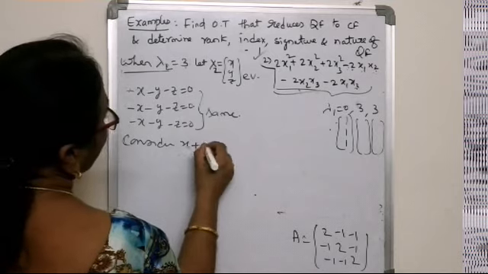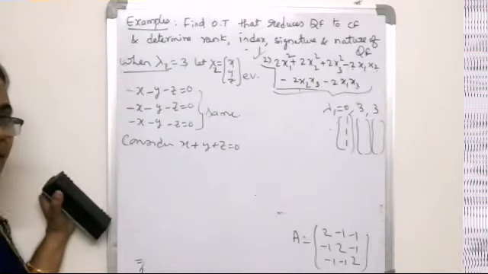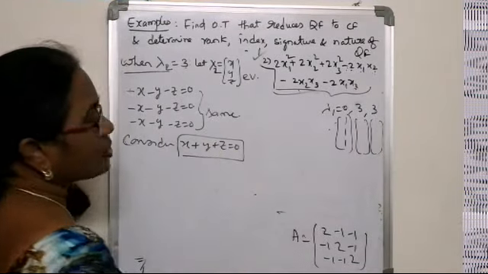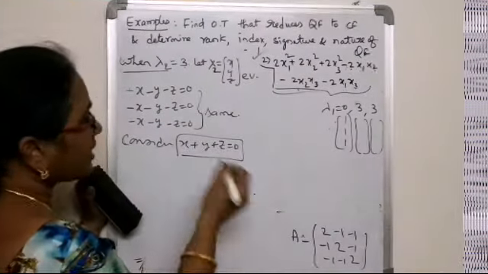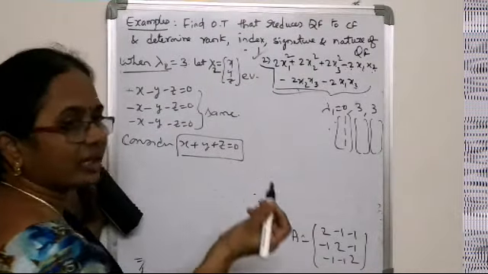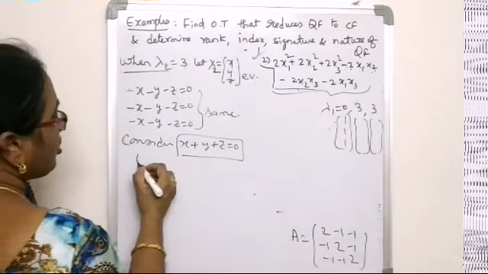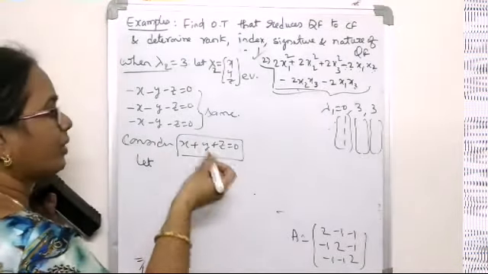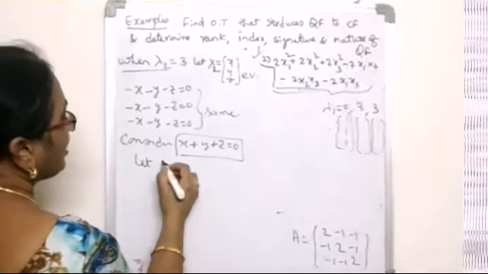Suppose we consider x plus y plus z equal to 0, after cancelling the negative sign, with the right hand side 0. Because there is only one equation in the homogeneous system with three variables, unless two of the variables are given some arbitrary value, we cannot get the third variable. So our option is choosing an arbitrary value for two of the variables and depending on them to find out the other variable.